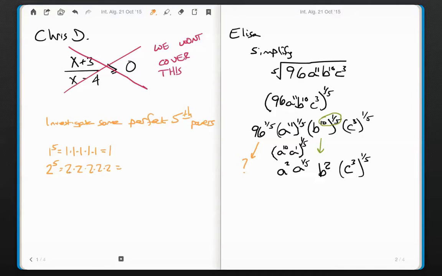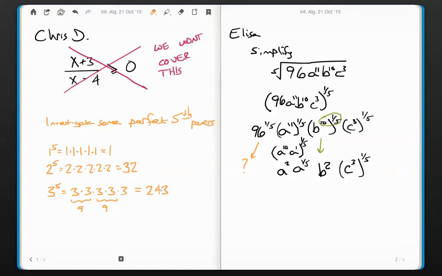And that equals, let's see, 2 times 2 is 4, times 2 is 8, times 2 is 16, that equals 32. 3 to the fifth equals, let's see, 3 times 3 times 3 times 3 times 3. How am I going to do this? Well, this is 9. That's 9, and that's 3, so 9 times 9 times 3 is 81, so 243.